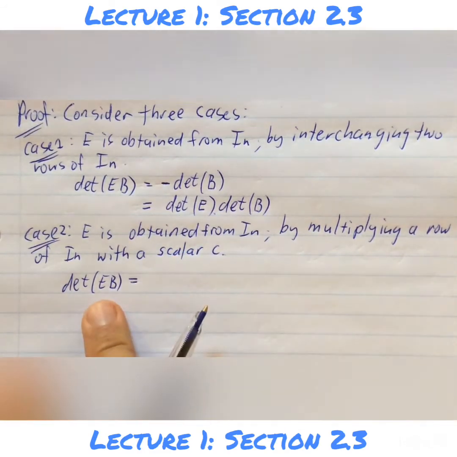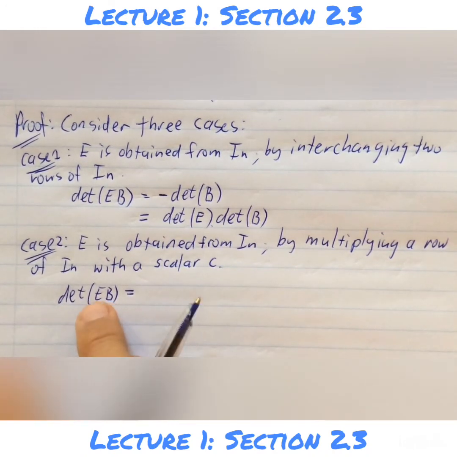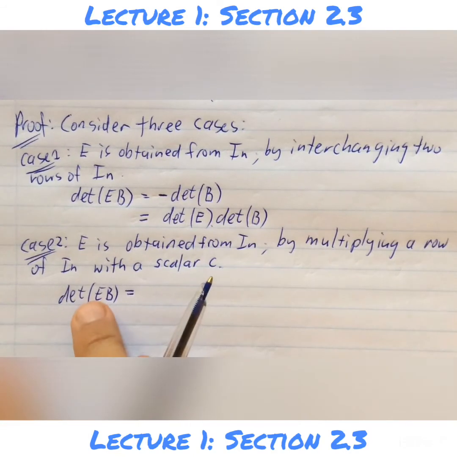Okay, now you have to think again. How did we get from I to E? You multiplied a row of I with a scalar C. Remember, how do we multiply E with B?